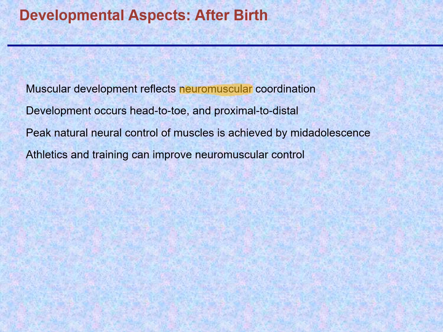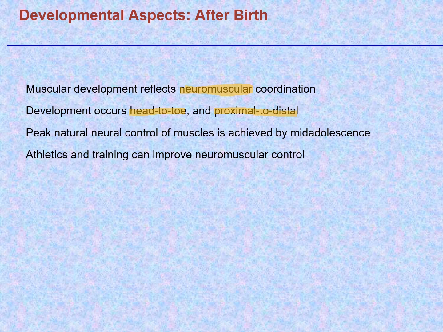And that development typically occurs in a head-to-toe direction, and typically proximal to distal, from the upper arm down to the hands, from the upper leg down to the feet. That's what proximal distal means. Head to toe and proximal to distal, increasing development after birth of the control of the muscular tissue.